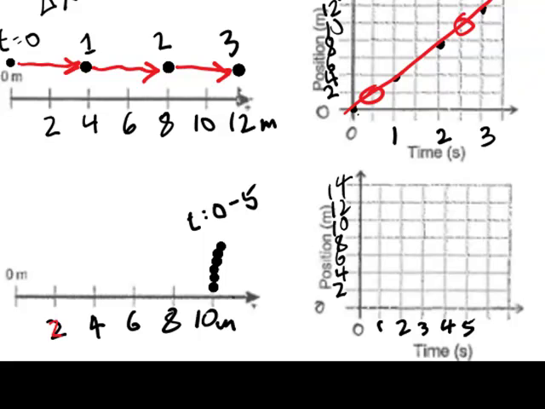Go ahead and transfer the data. At a time of 0 seconds, it's at 10 meters. At a time of 1 second, it's at, guess what? 10 meters. At a time of 2 seconds, it's at 10 meters. At a time of 3 seconds, it's at 10 meters, 4 seconds, and 5 seconds. So our position is not changing with time.